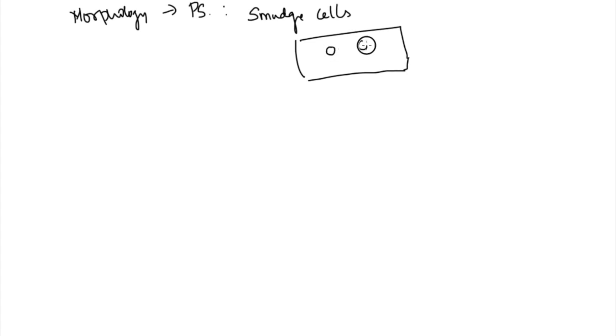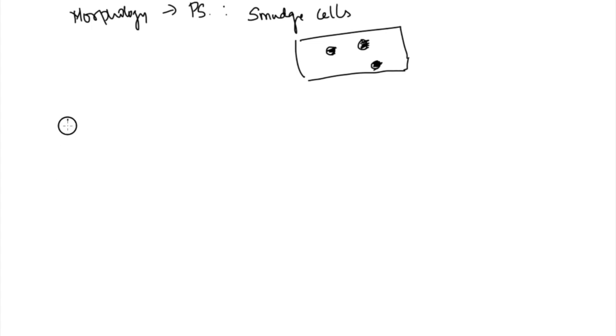Characteristically, we have been learning about smudge cells. If you prepare the smear with a drop of blood and observe under the microscope, these tumor cells are fragile, so they just break up. Hence that area, instead of showing a normal cell, gets smudged because the cell is broken down. Those are called smudge cells.